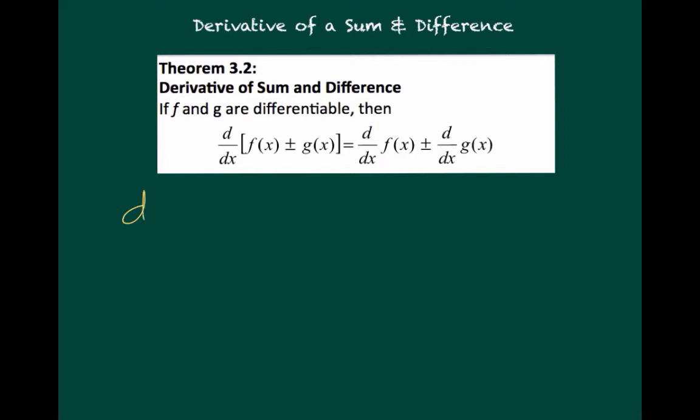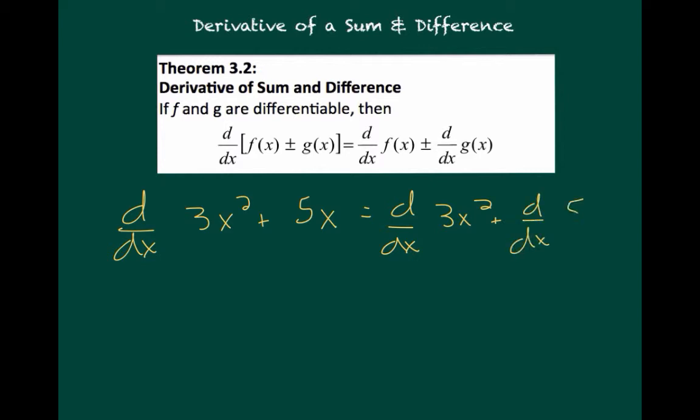Well, suppose we're taking the derivative of 3x squared plus 5x, then that's just going to equal the derivative of the first one, 3x squared, plus the derivative of 5x.